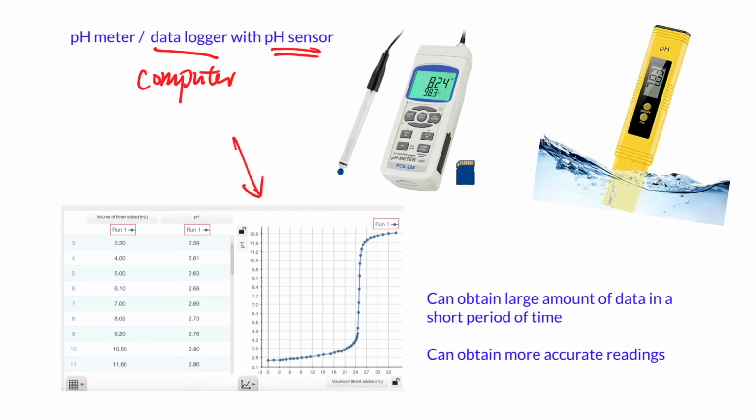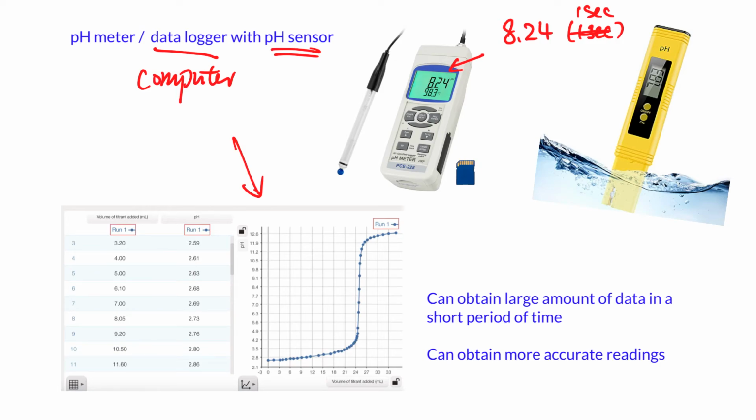The advantage of this is that you can obtain a large amount of data in a short period of time. Imagine you need to take data, for example, 8.24, then you write 8.24. The fastest speed for you, I think, maybe 1 second to write it down, is that right? But for a computer, it can be 1 second for many data. So therefore, the whole thing will be more accurate.